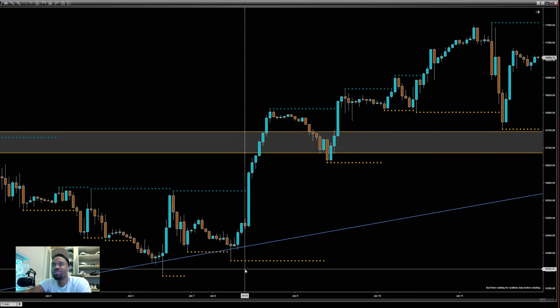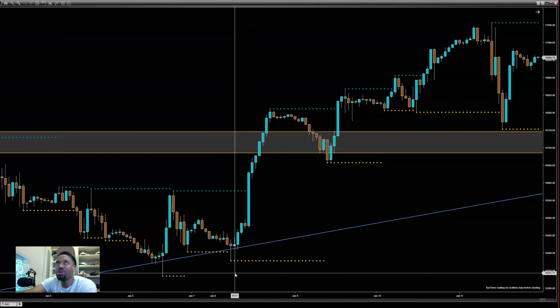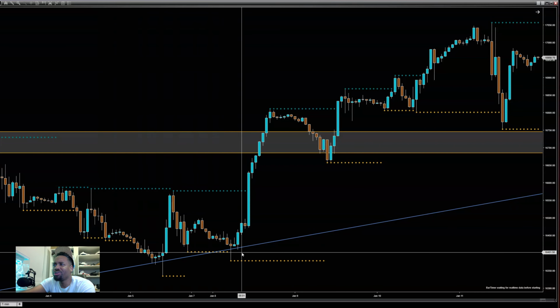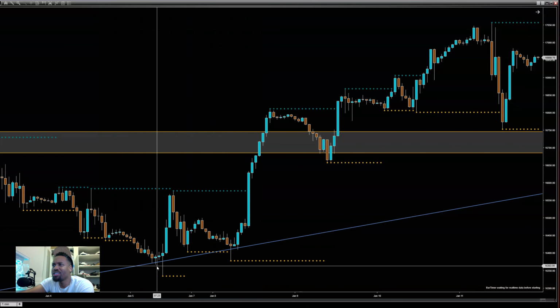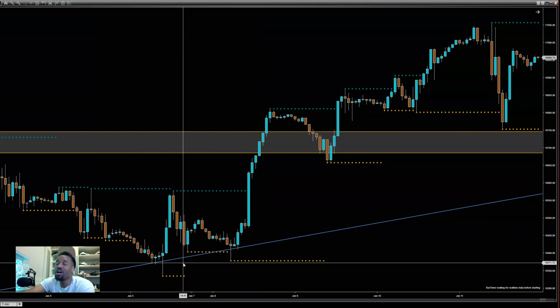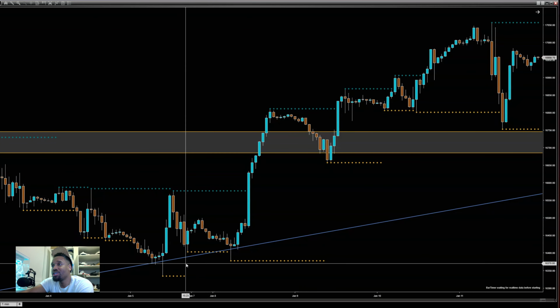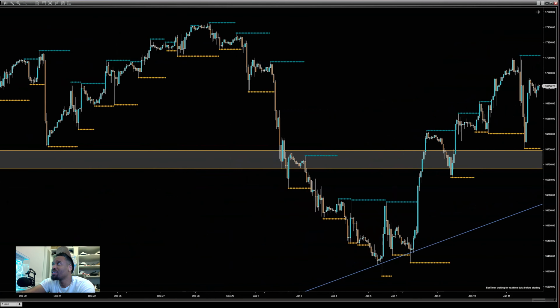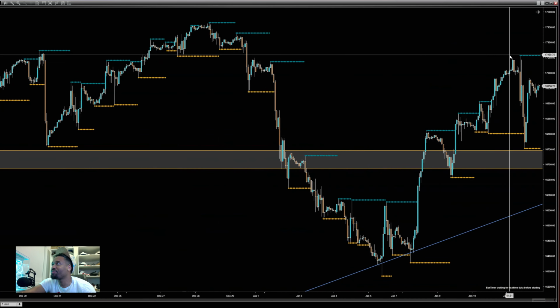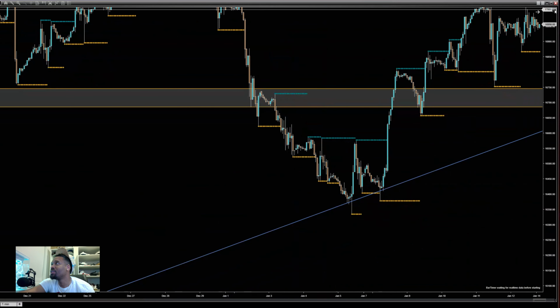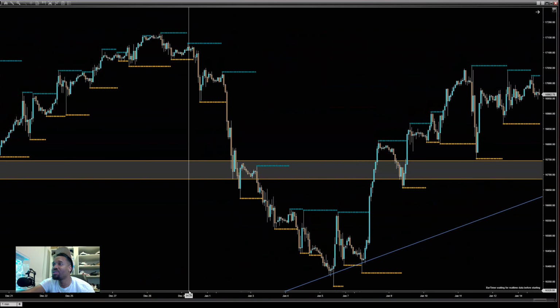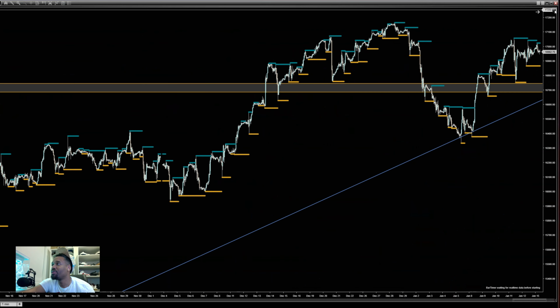So hop on the charts, load up whatever instrument you want to trade or look at, and just start drawing on the chart. Just draw your trend lines, connect them. I look for three or more touches. What I mean by that is I look for the price to actually touch the trend line multiple times, right?